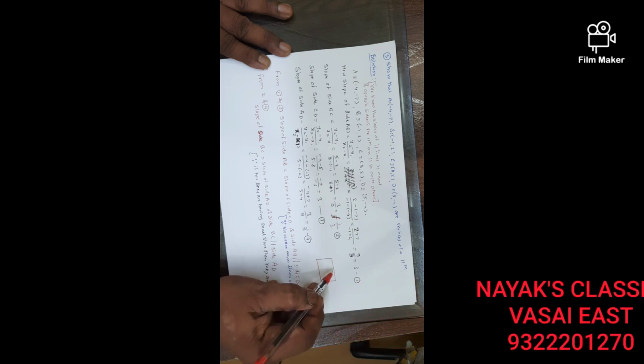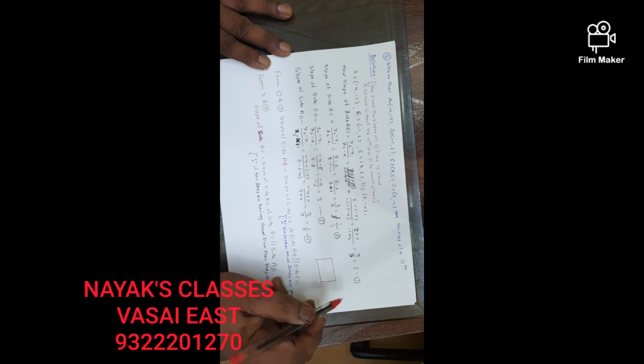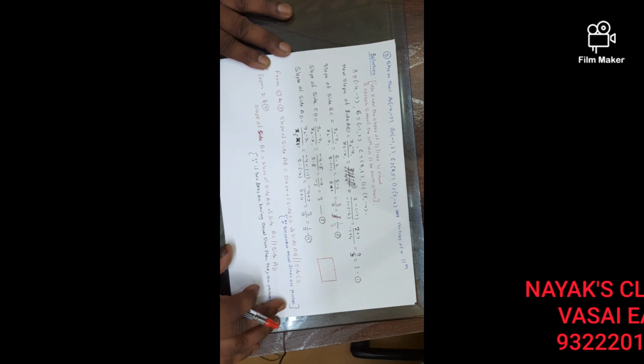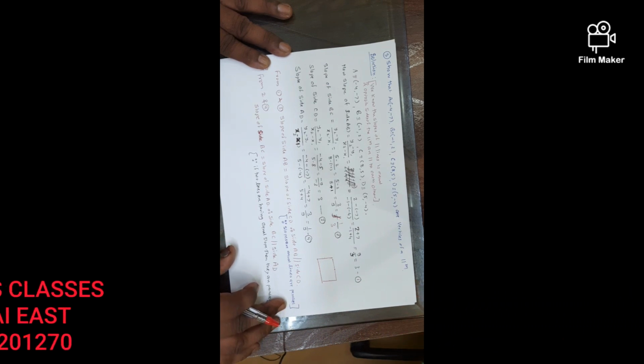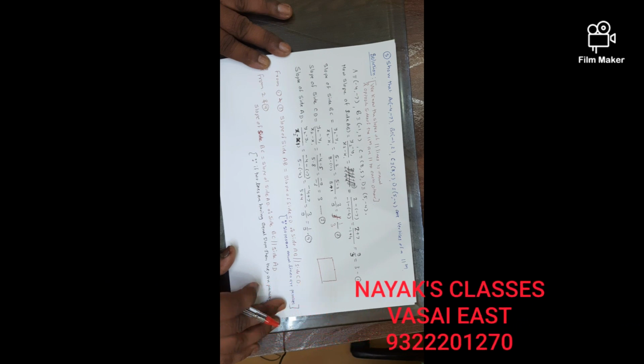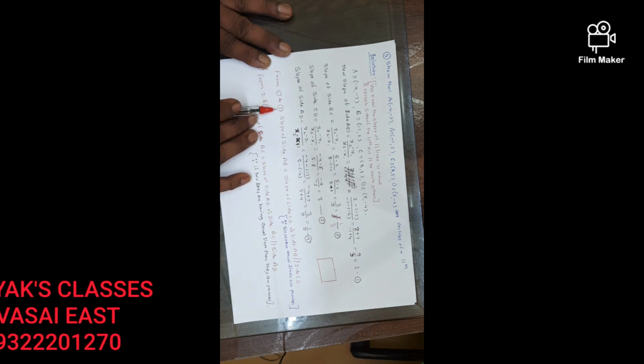If this is a parallelogram, then opposite sides are parallel to each other. We know this property since childhood. See, parallel lines have same slope, and opposite sides of parallelogram are parallel to each other. So check here from 1 and 3.